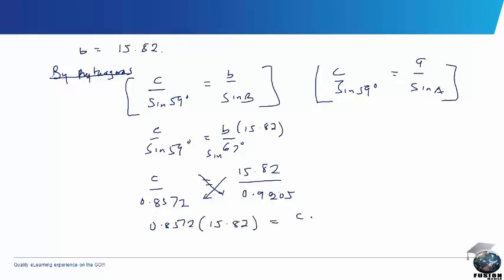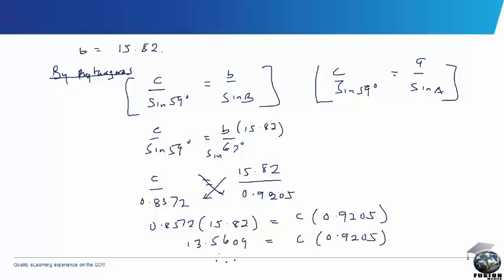to C times 0.9205. So when you multiply 0.8572 by 15.82 it gives you 13.5609, which is equal to C times 0.9205.